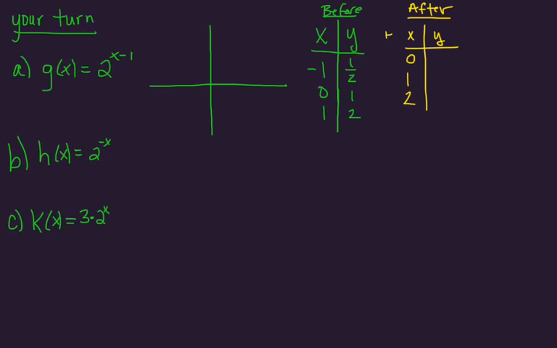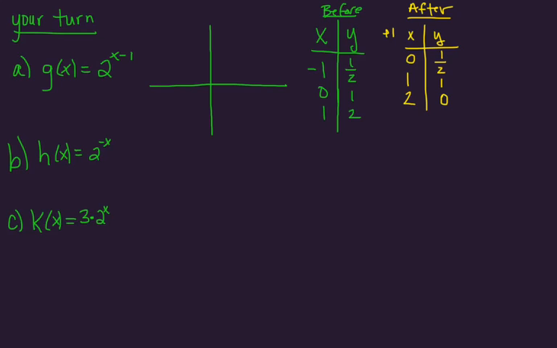Does that make sense? So why did you add 1 again? I added 1 because I'm shifting to the right one. So on the x-axis, if you go to the right one, what would you do to the x? You added 1. If I went left 1, I'd be subtracting 1. So do the y-coordinates change? Not a bit. So let's put those back in like we had them. 1/2, 1, 2.